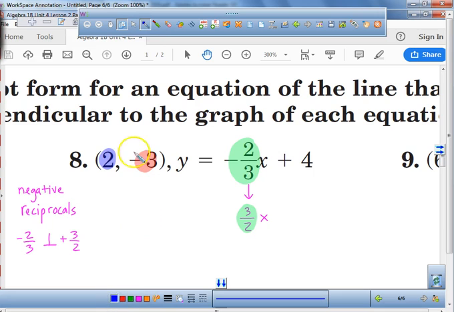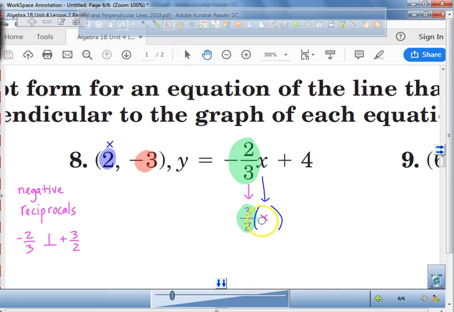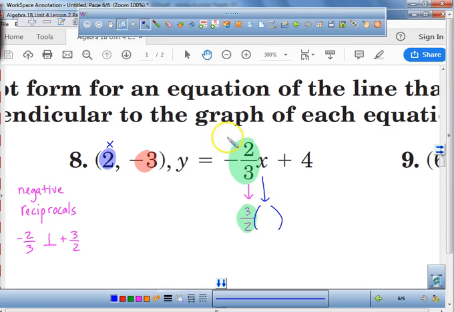I'm going to open up a parenthesis right here, and I'm going to plug in what number for my x? I'm going to plug in a 2. And right here for my y value, I'm going to plug in a negative 3.